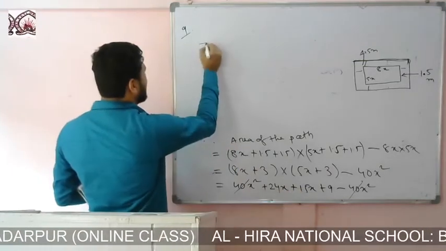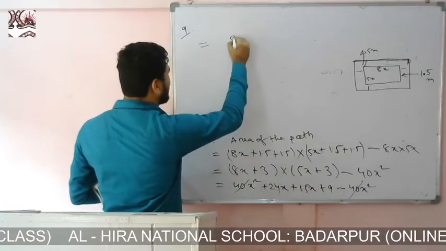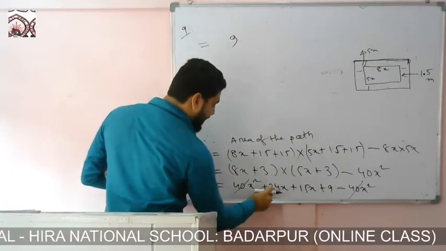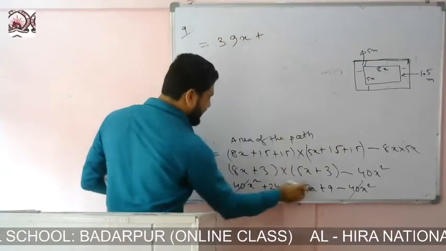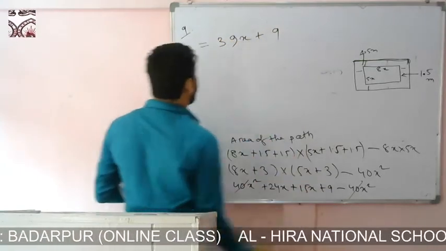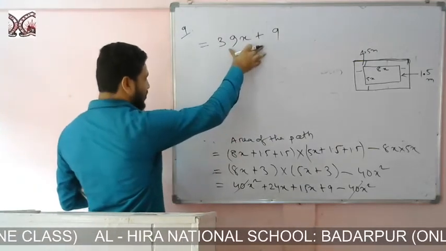If I add, 5 plus 4 is 9, and 2 plus 1 is 3, so 39x plus 9.